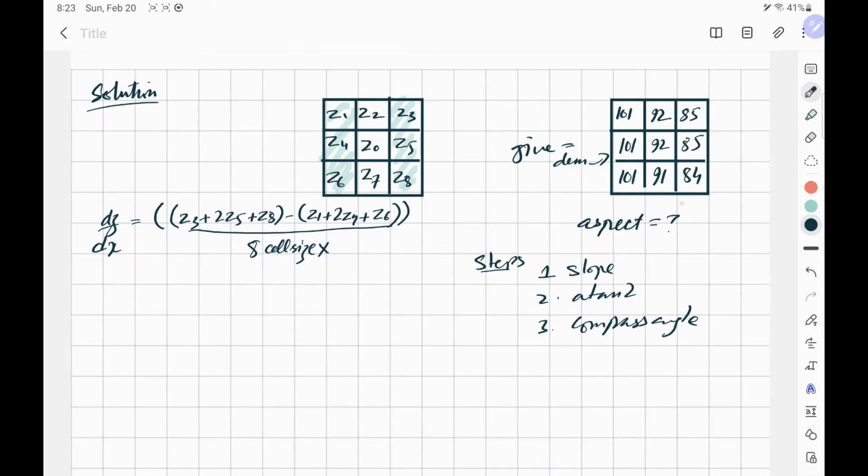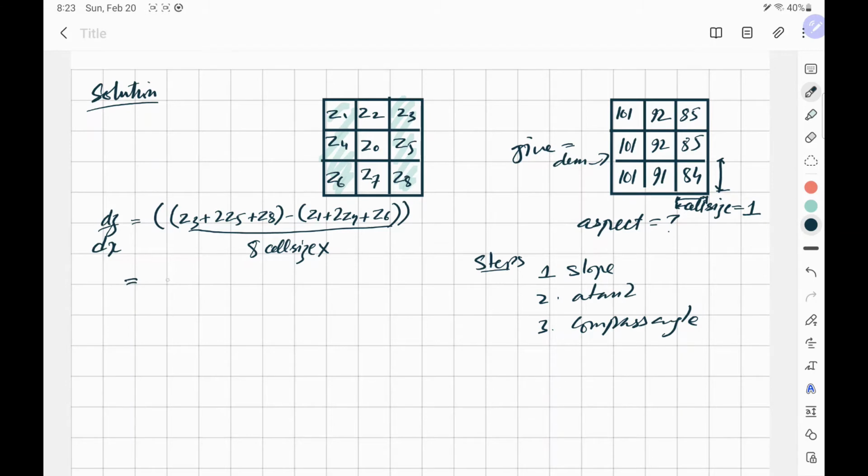So let's take the size of cell as follows. In both directions x and y, the size of cell is the same, and let that be 1.